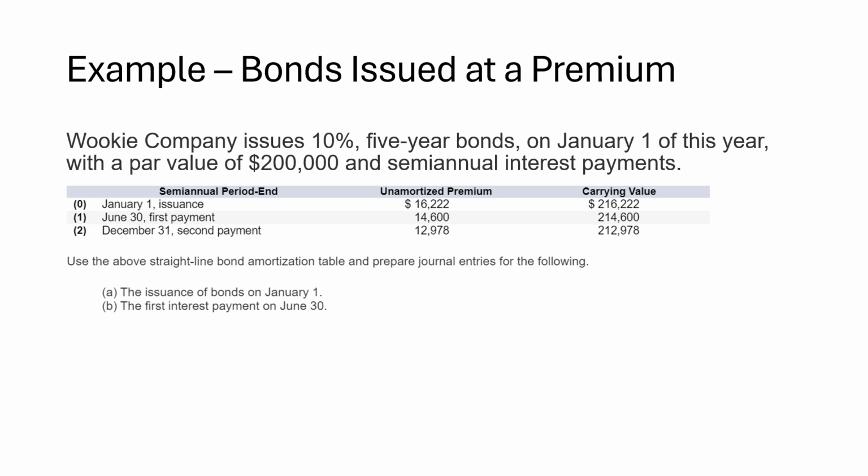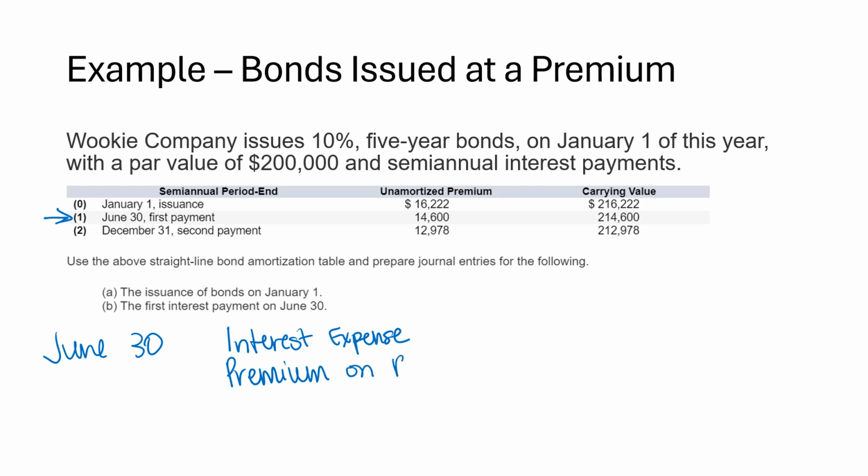Now we look at the interest expense journal entry. We are going to record the June 30th interest payment journal entry. The basic journal entry is set up as a debit to interest expense, a debit to premium on bonds payable, and a credit to cash.